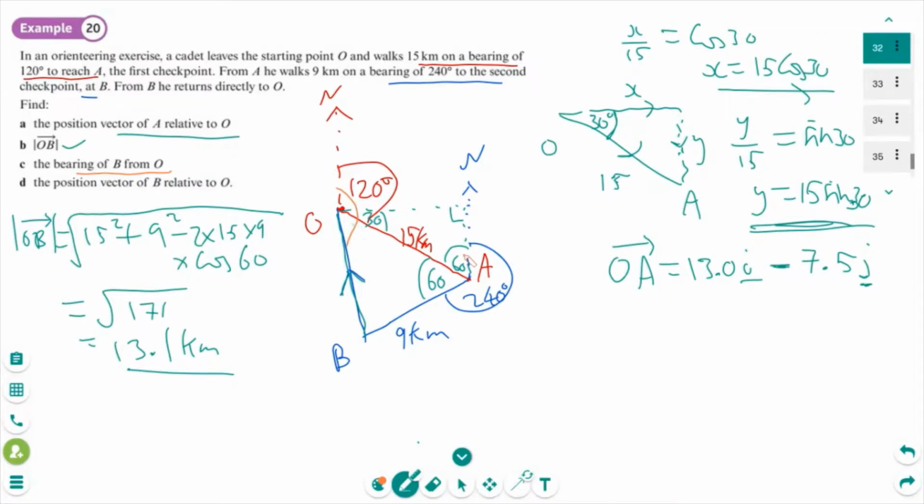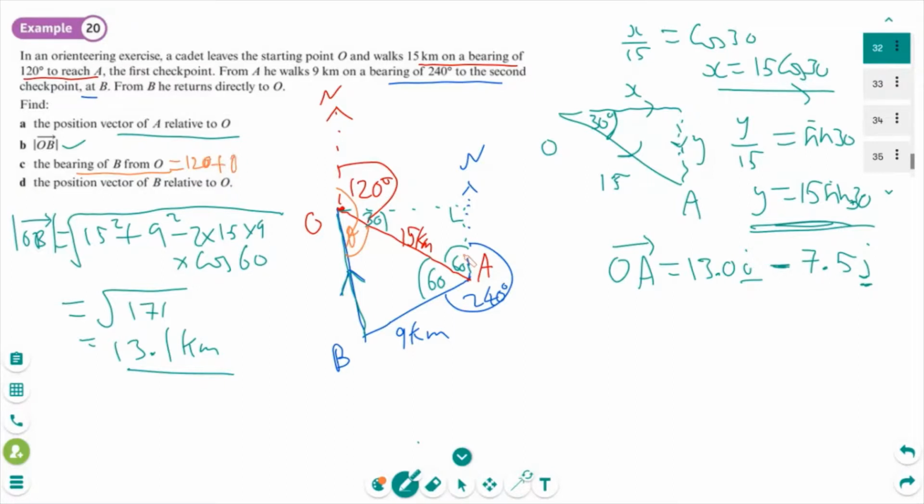That whole angle is going to be 120 plus the angle inside the triangle. We can call this angle theta. So the answer is going to be 120 plus the angle theta, which we calculate inside the triangle. It's always from the north.